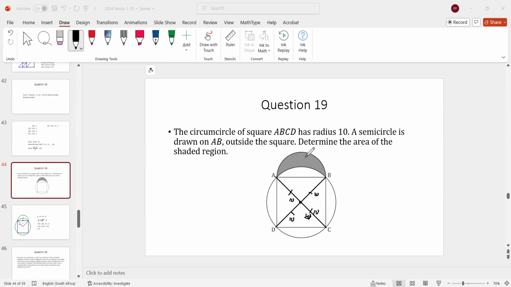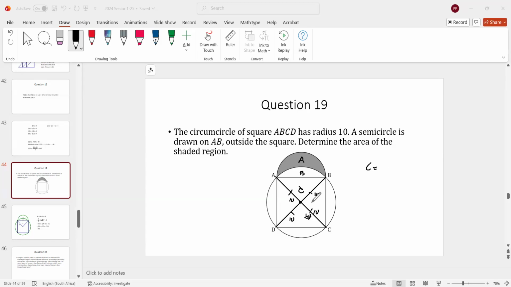The way to tackle this is, let the shaded area be A, let that be B, and let that be C.